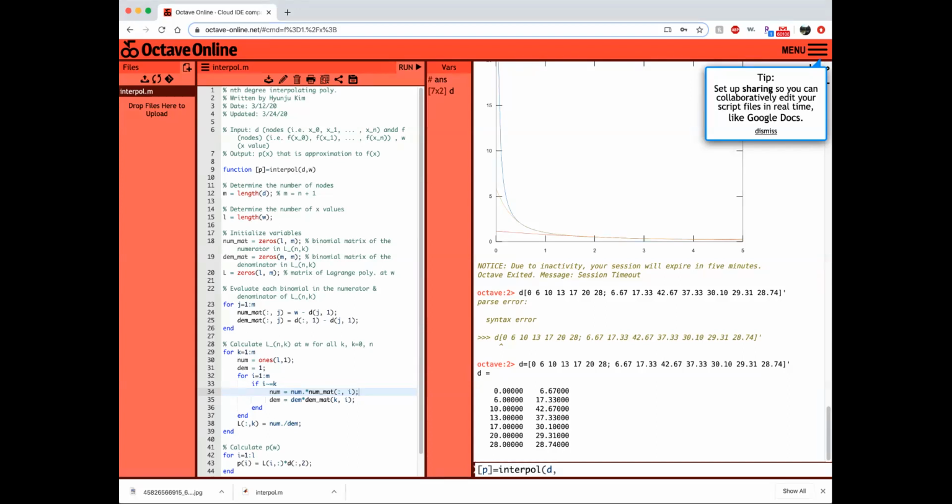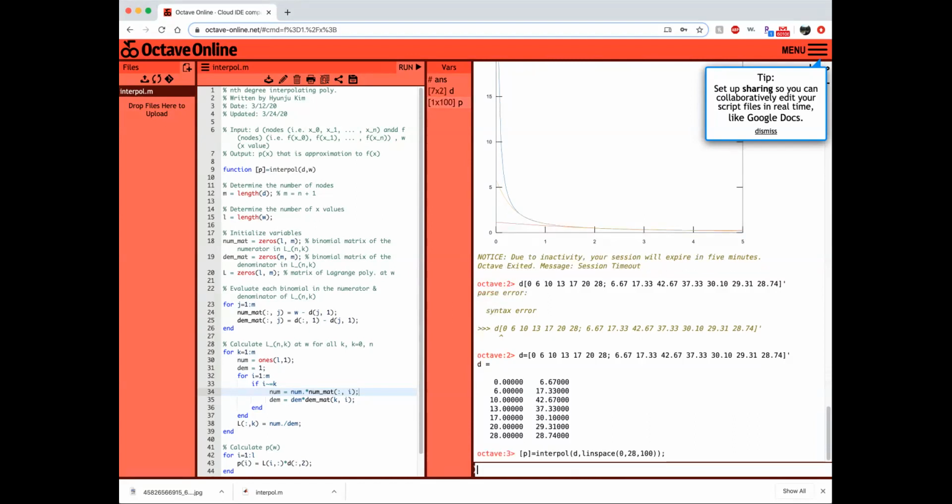This W must be, let's say, linspace from 0 to 28, and then maybe 100 points. That's going to be the input x values. The output is P, right?